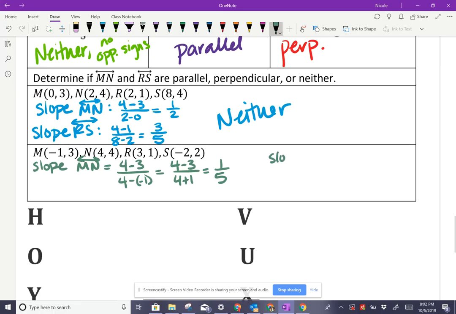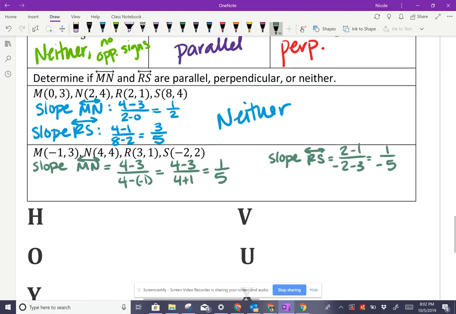And then if we look at the slope of RS, we've got 2 minus 1 over negative 2 minus 3. 2 minus 1 is 1. Negative 2 minus 3 is negative 5.